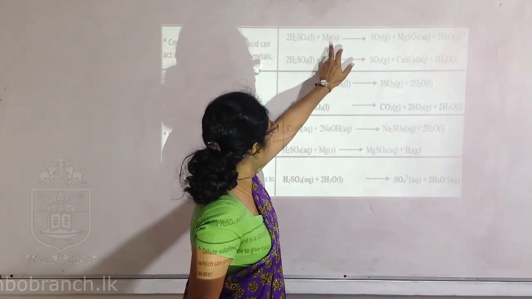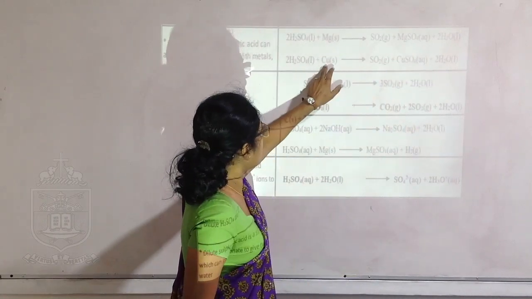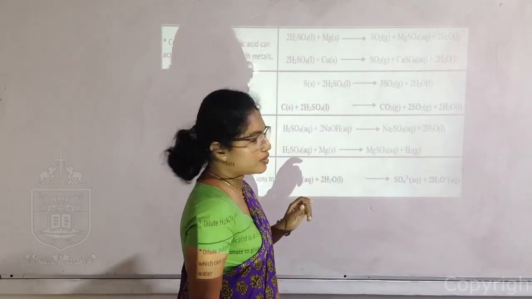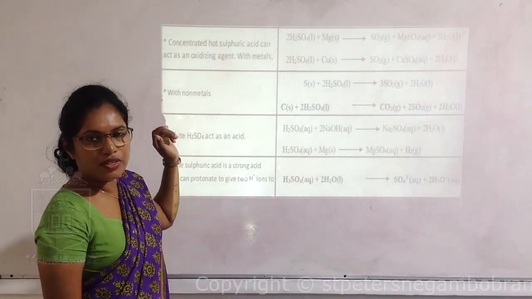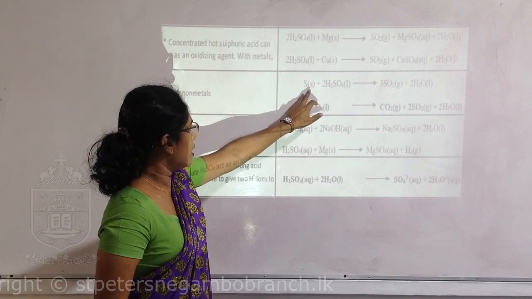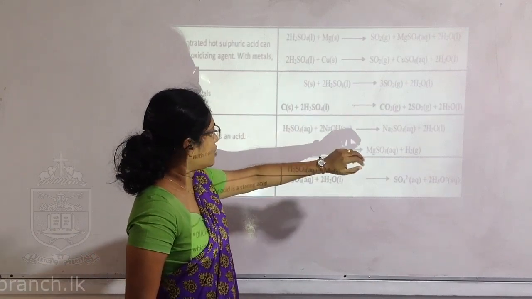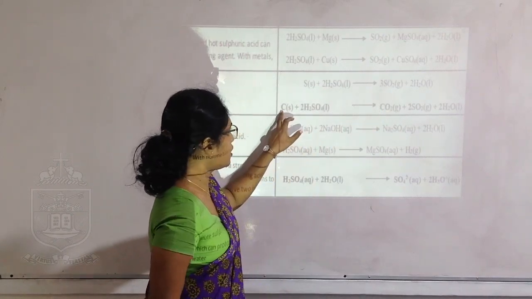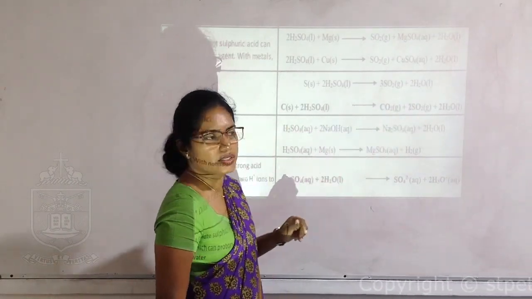Here magnesium is oxidized to magnesium sulfate and copper is oxidized to copper sulfate. And second one, sulfuric acid reacts with non-metals like sulfur and carbon and produces, with sulfur, sulfur dioxide, and with carbon, carbon dioxide and sulfur dioxide.